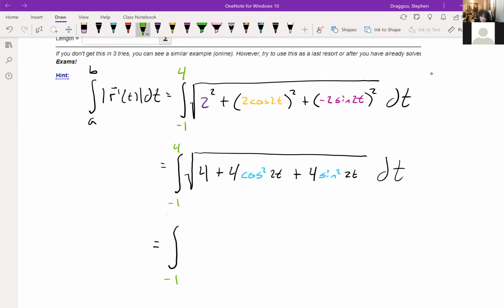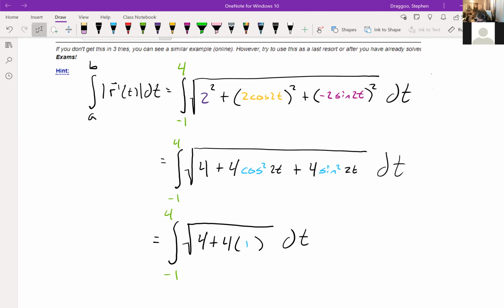So -1 to 4 times the square root of 4 plus 4 times 1 dt. And now I think we can hopefully see that there is no dependency on t anymore, so that's just the square root of 8.